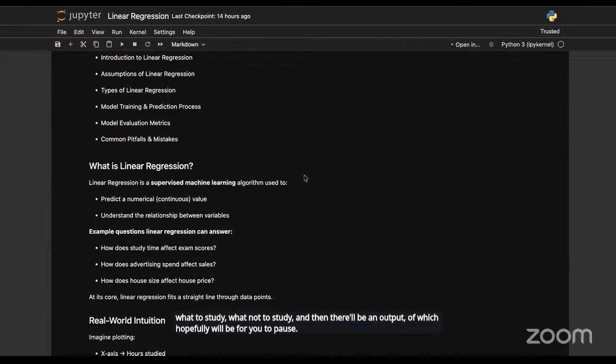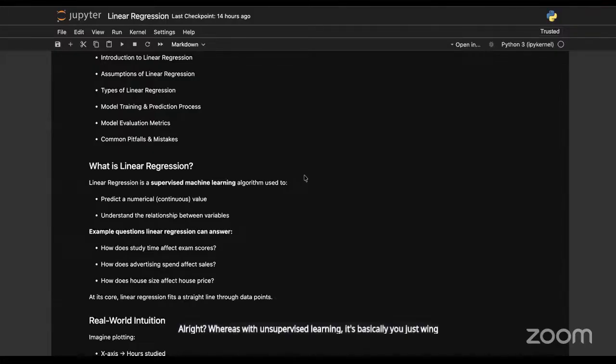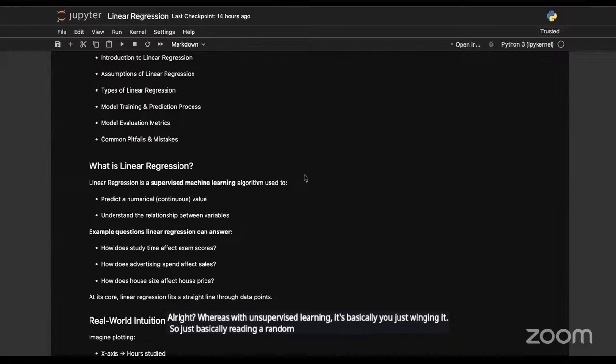Whereas with unsupervised learning, you're basically winging it. It's like reading a random book: you take a book out of the library, you read, and from what you have learned you can then classify. Maybe now you want to change the lifestyle you live or what you are eating. That is the difference between supervised and unsupervised learning.